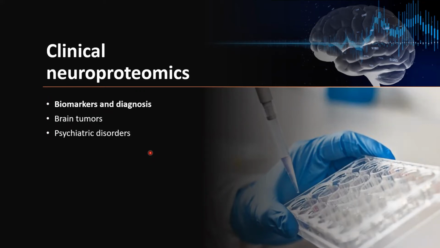Moreover, the evolving technologies have led to new pathways for biomarker development that help with diagnosis. Biomarkers involve the identification of a change in a protein that can be used as a marker for the disease or for the disease progression. Some of the fields studied here are brain tumors and psychiatric disorders.